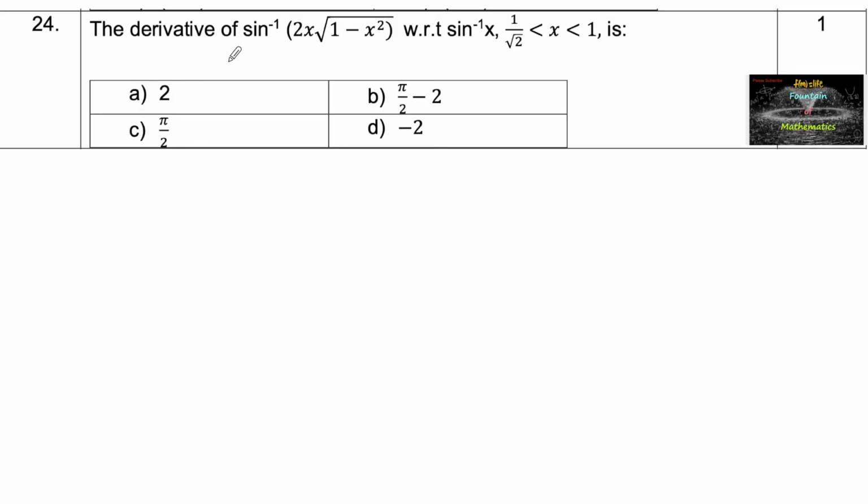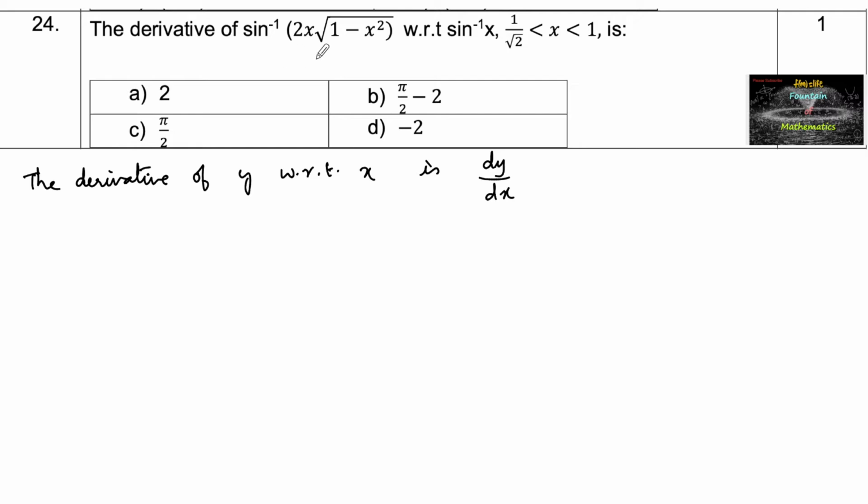The derivative of sine inverse of 2x root over 1 minus x square with respect to sine inverse x, where x lies between 1 upon root 2 to 1. Generally, the derivative of y with respect to x is nothing but dy by dx.